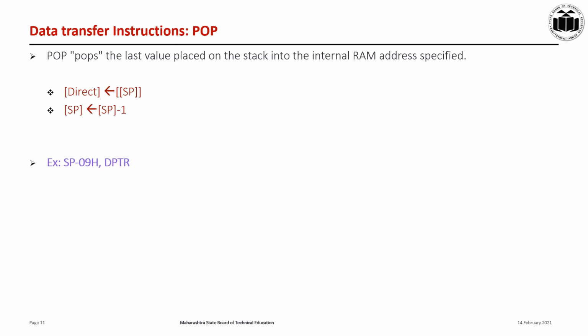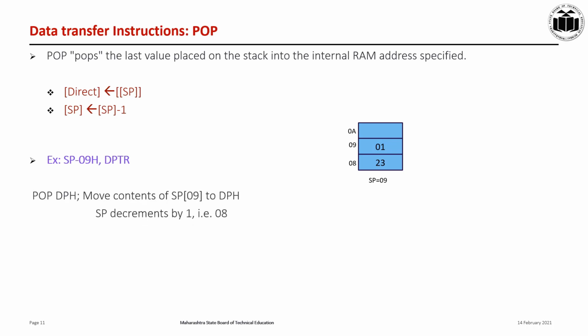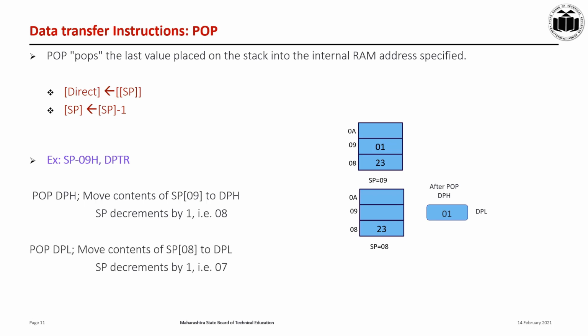For example, if stack pointer contains 09H, then after POP DPH instruction, it will move the content pointed by stack pointer, that is 01, to DPH, and stack pointer is decremented by 1, that is 08. After POP DPL instruction, it will move the content, that is 23H, to DPL and stack pointer is decremented by 1, that is 07.